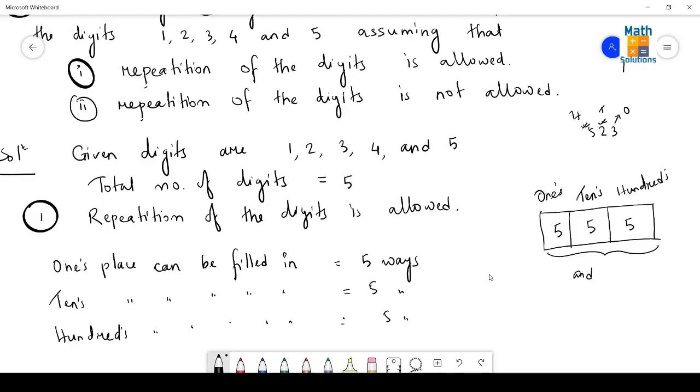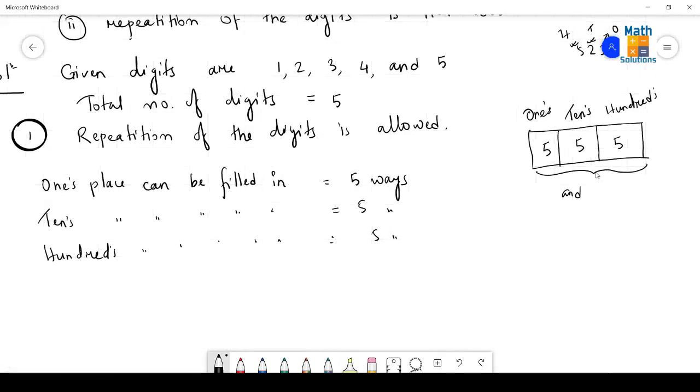So after that, when I apply the fundamental principle of counting, this counting refers to what? Fundamental principle of multiplication, of course.